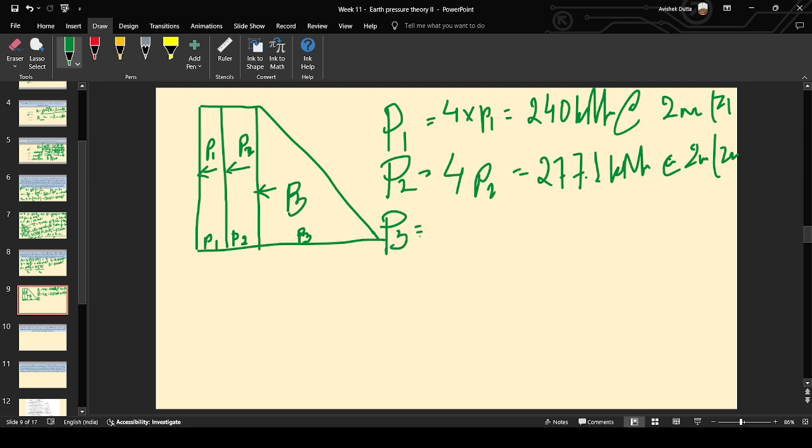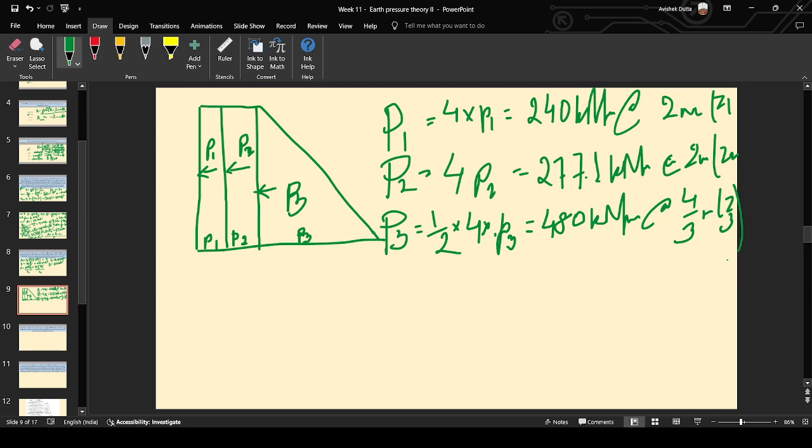Area of the triangle, half into 4 into P3. P3 is 240, so it is 480 kilonewton per meter, acting at 4 by 3 meter from the base, Z3. Okay.